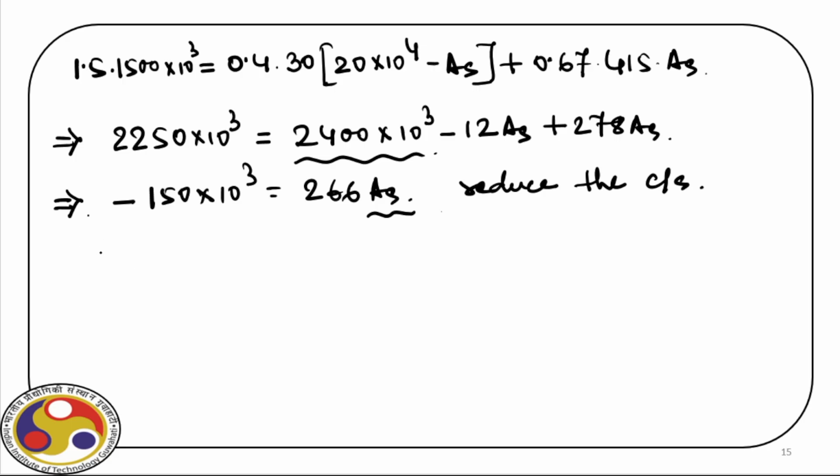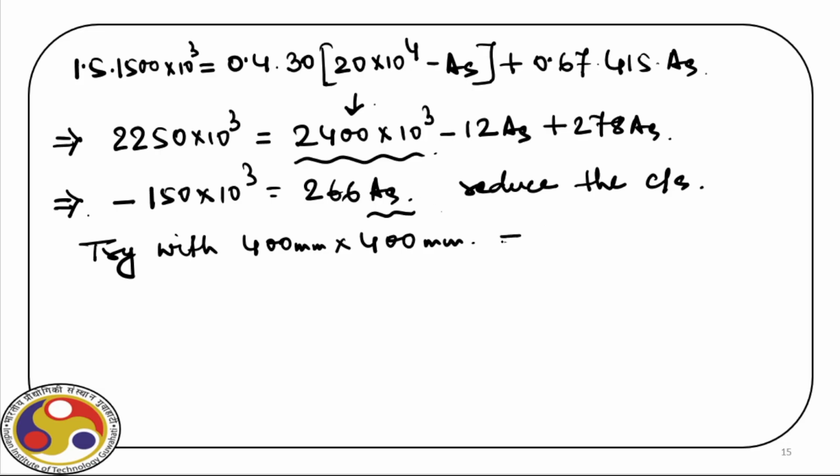So instead of 400 by 500, try with 400 by 400. Because otherwise the contribution from the concrete is sufficient enough, so we don't need additional steel. So let us try with this section.